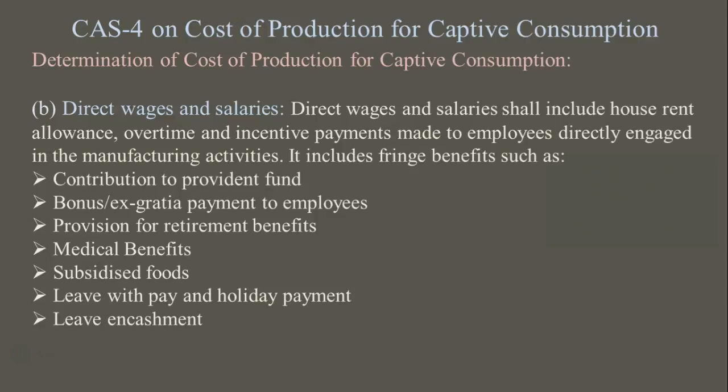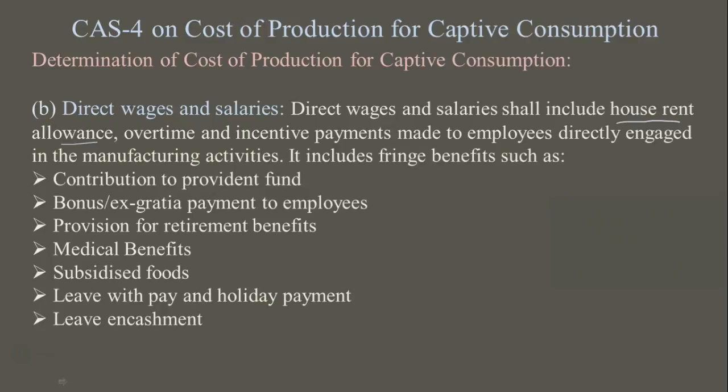Now the next one is direct wages and salaries. So what all are we going to include in direct wages and salaries? Direct wages and salaries shall include house rent allowance. If we are living on rent, we always get house rent allowance from our employer. Afterwards, any overtime salary we get, any incentive payment made to the employees.